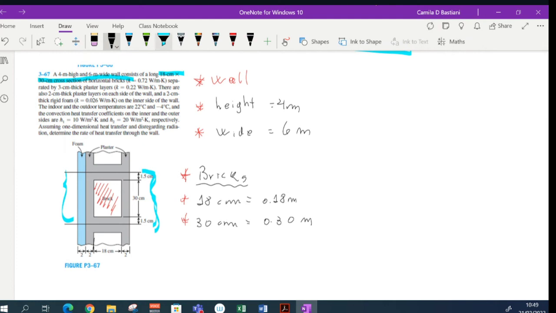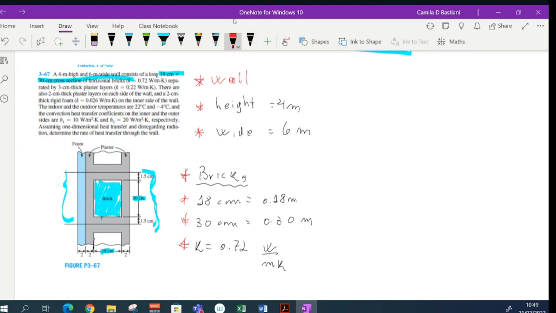So those are the dimensions of my bricks. I have a brick in the center with these dimensions here. And a conductivity K of 0.72 watts per meter Kelvin.